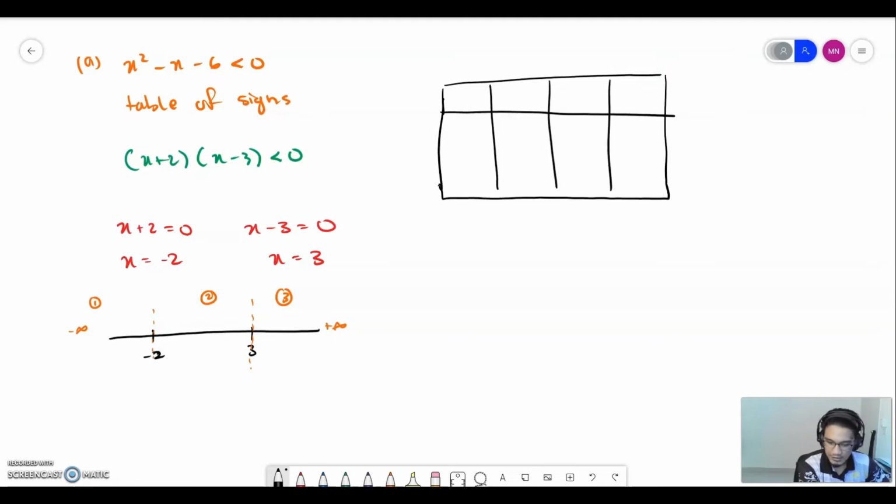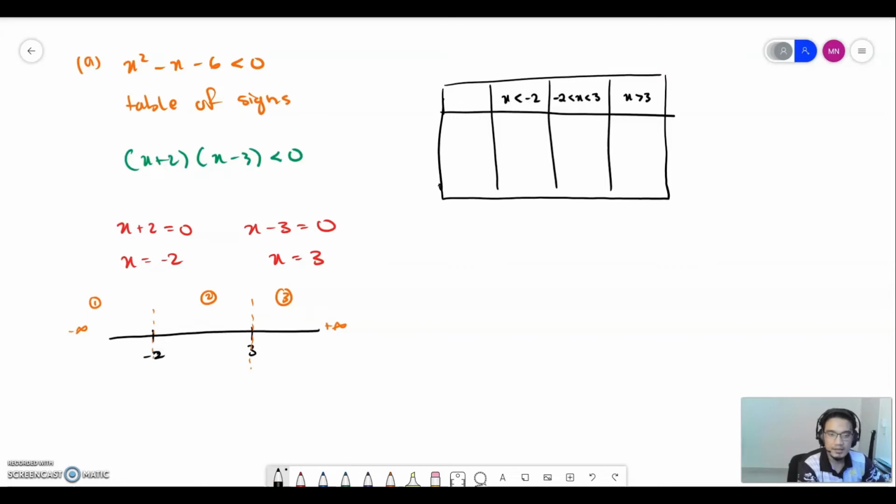For the second column, we place the first region where x is less than -2. For the third column, we draw the second region, that is -2 < x < 3, and the fourth column we write x > 3. That represents the third region.